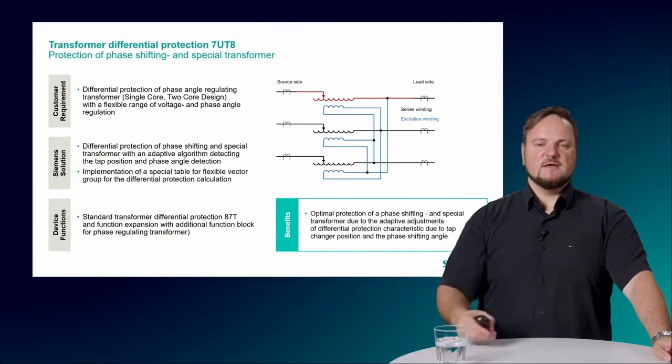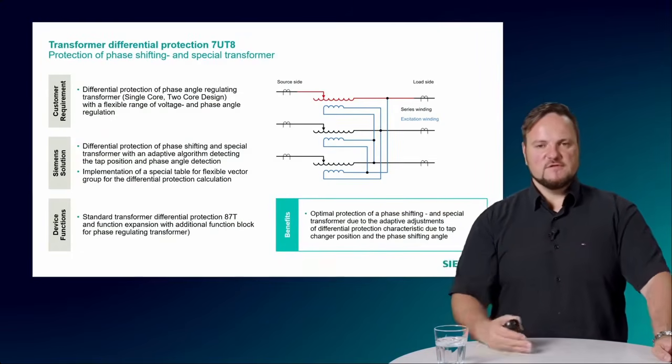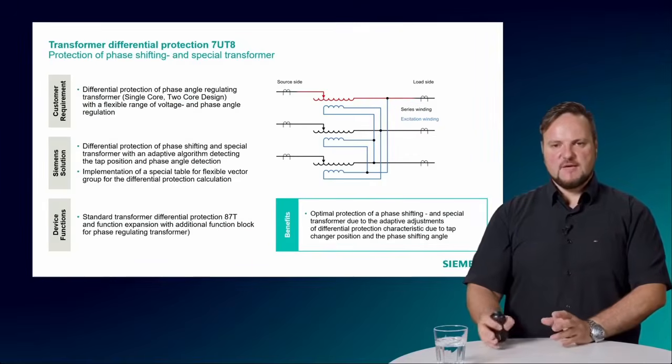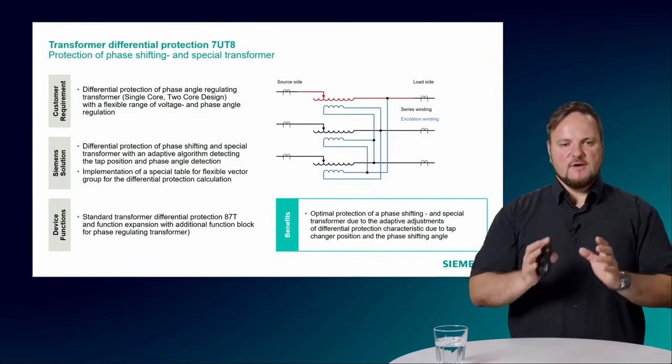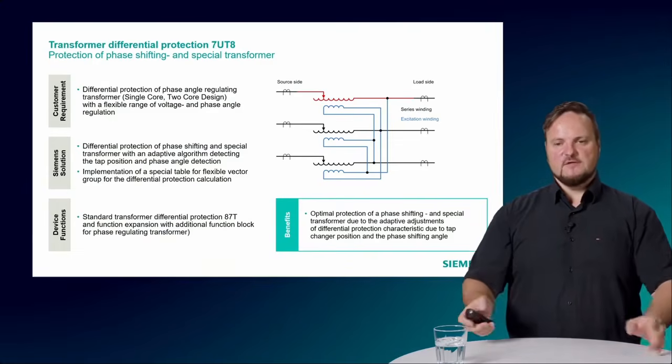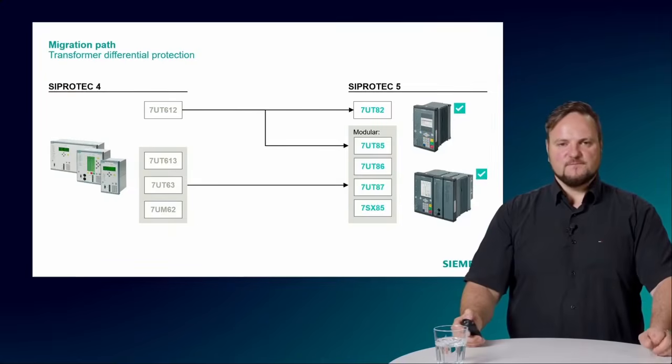So in the end, the 7UT devices are suitable to protect phase shifting and special transformers by this special adaptive adjustment of the differential protection. And this is really a good advantage of the whole system. The look and feel is the same, so there is no dedicated application or adaptation of the application necessary. You can use the standard differential protection also for these kinds of special transformers.